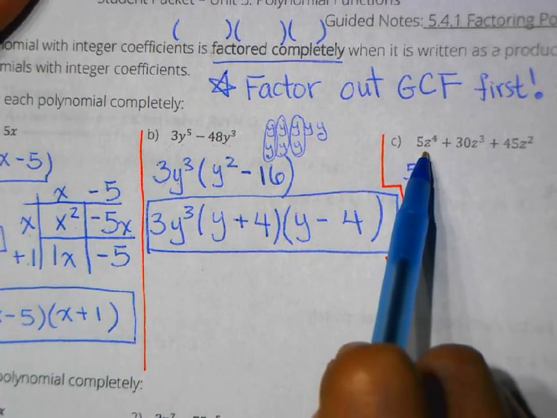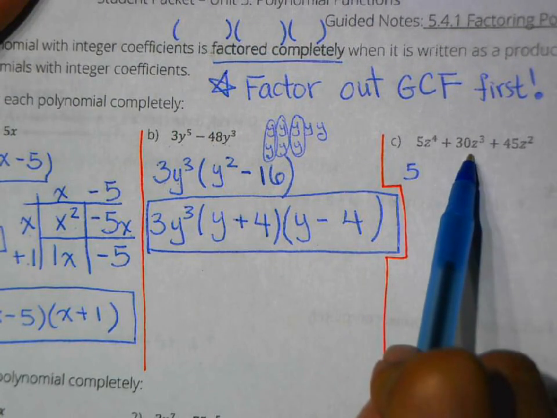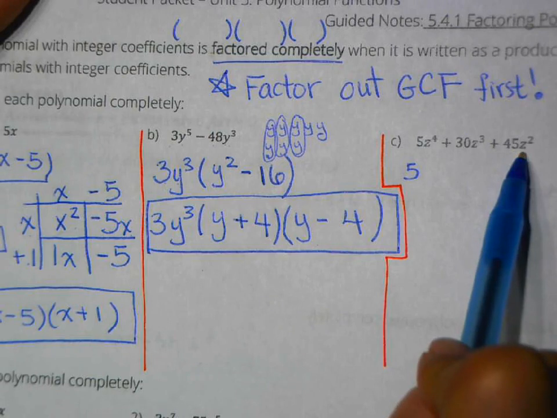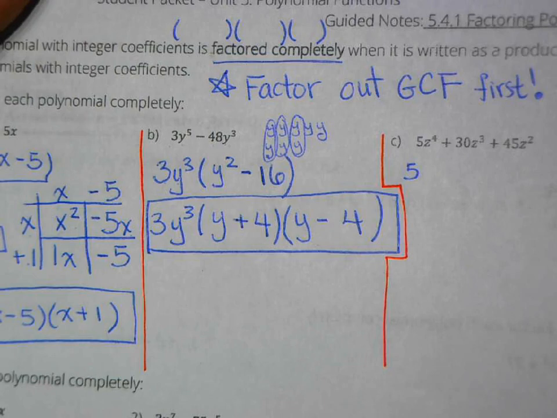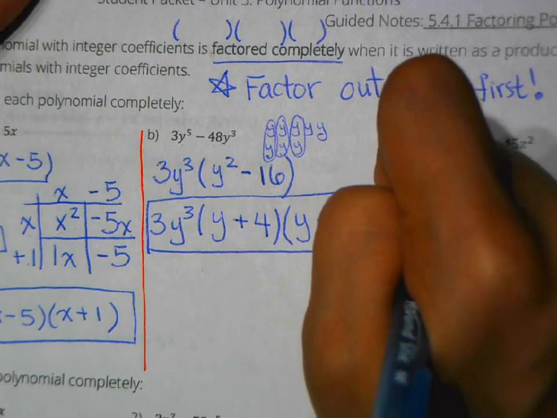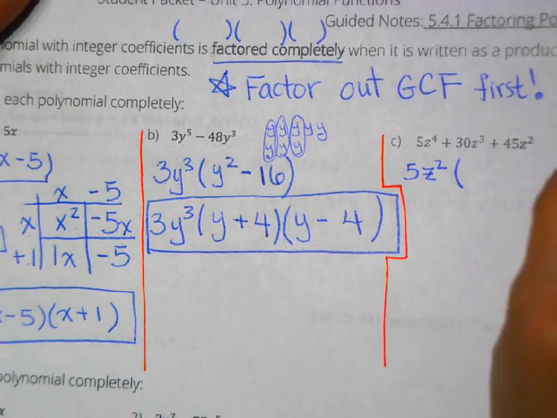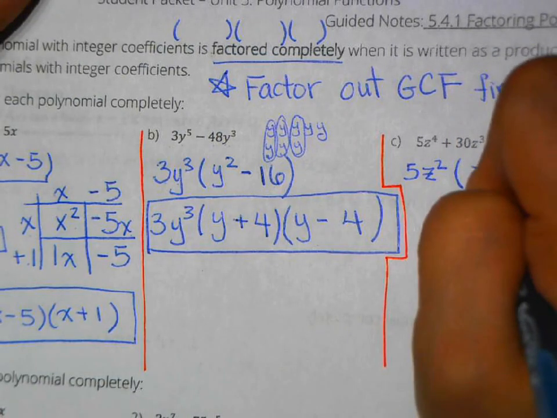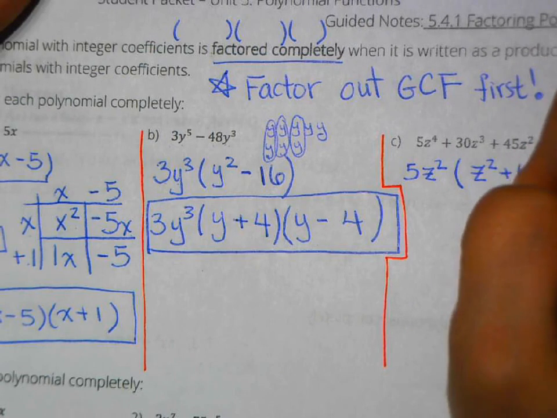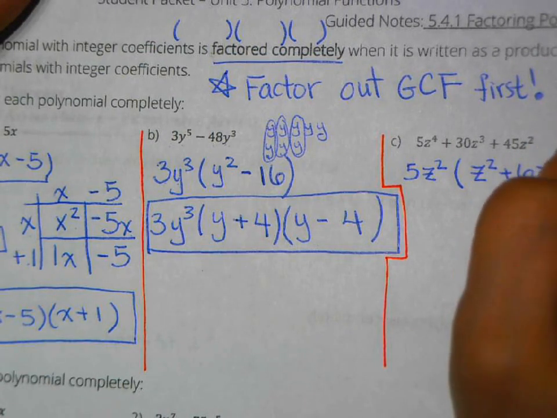I have z to the fourth, z to the third, and z squared. All of these have 2 z's in common, z times z. So that's going to be z squared. Dividing that out, it's going to give me z squared plus 6z plus 9.